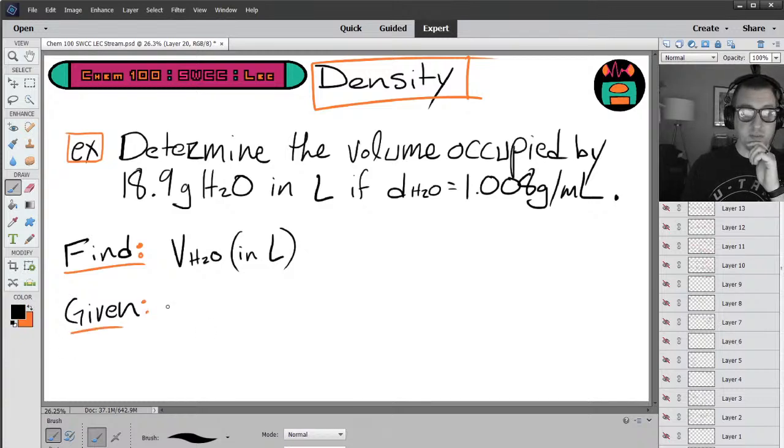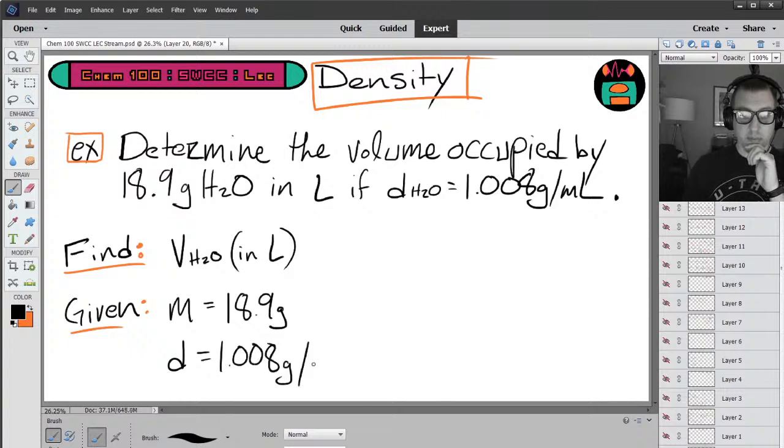We're given our mass of water. We're told that our mass is 18.9 grams. We're also given the density of water, 1.008 grams per milliliter. And just like last time, whenever you're given a quantity that corresponds to an equation, write that equation out.